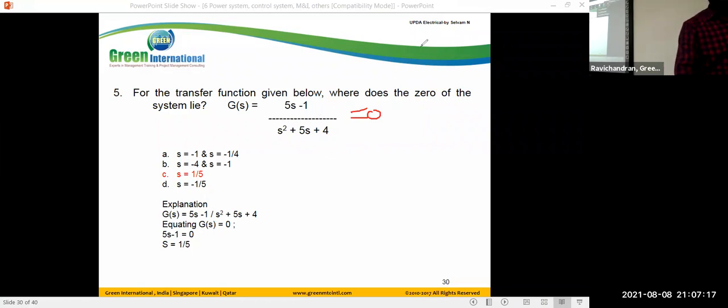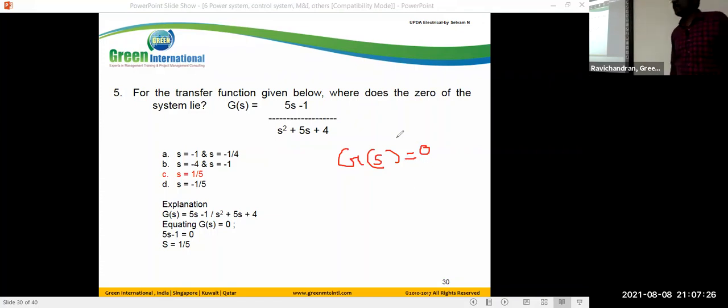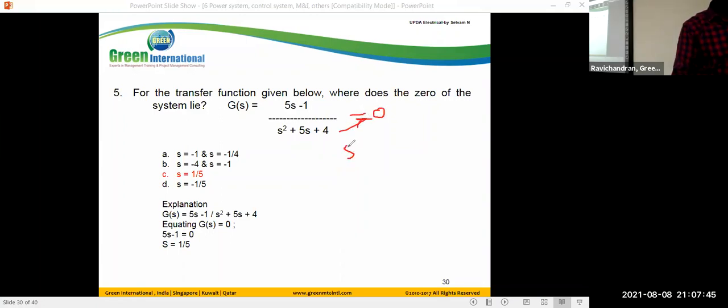To find the zeros and poles, G of s is equal to 0. This is the sixth formula. To find the characteristic equation, 1 plus GH is equal to 0. To find the poles and zeros, G of s is equal to 0. So cross multiply this value: 5s minus 1 is equal to 0. That is, 5s is equal to 1, s is equal to 1 by 5. That's all.